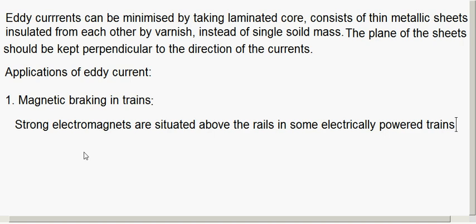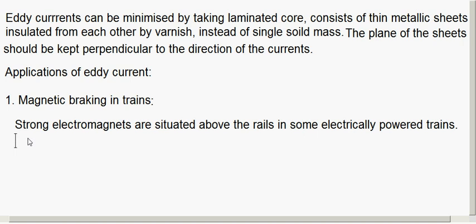You know what an electromagnet is. It acts as a magnet only when there is an electric current passing through the coil which is wound on that magnetic material.